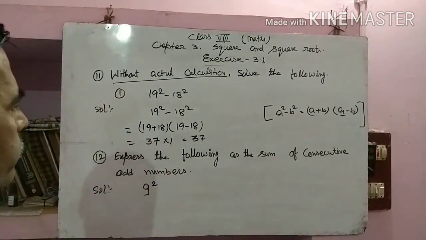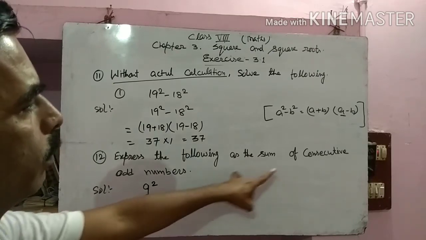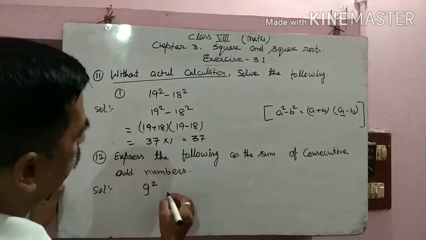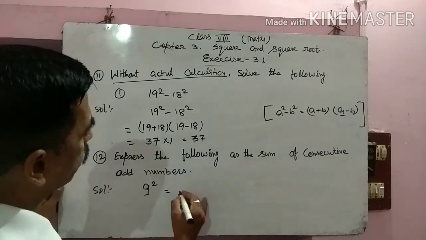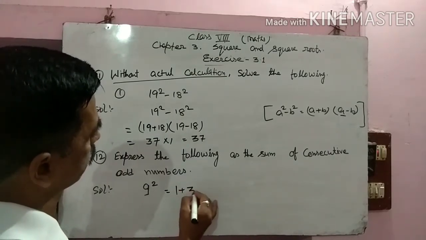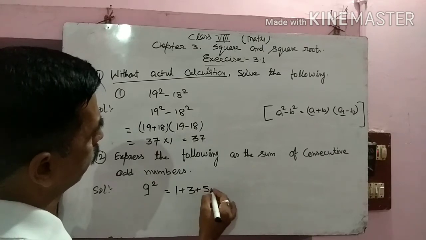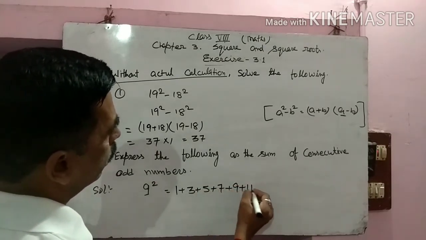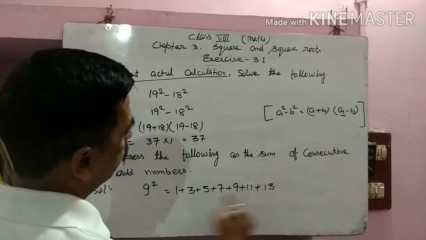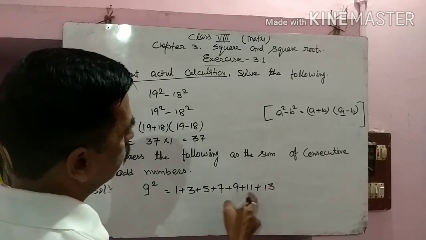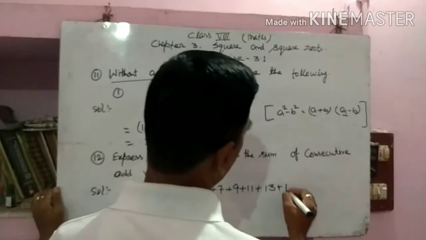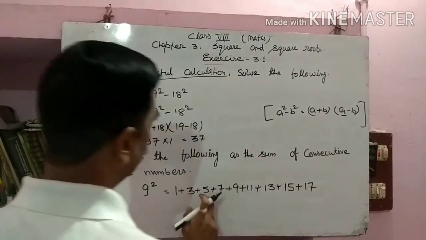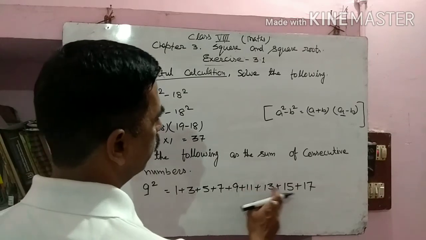So to express 9 square as the sum of consecutive odd numbers, it will be 1 plus 3 plus 5 plus 7 plus 9 plus 11 plus 13 plus 15 plus 17, that is 1, 2, 3, 4, 5, 6, 7, 8, 9 terms.